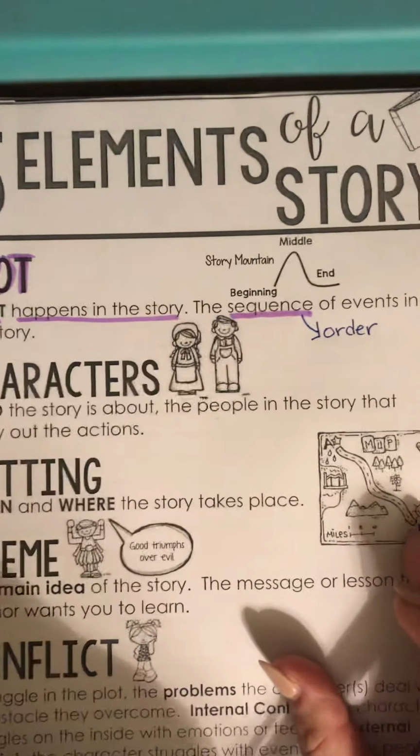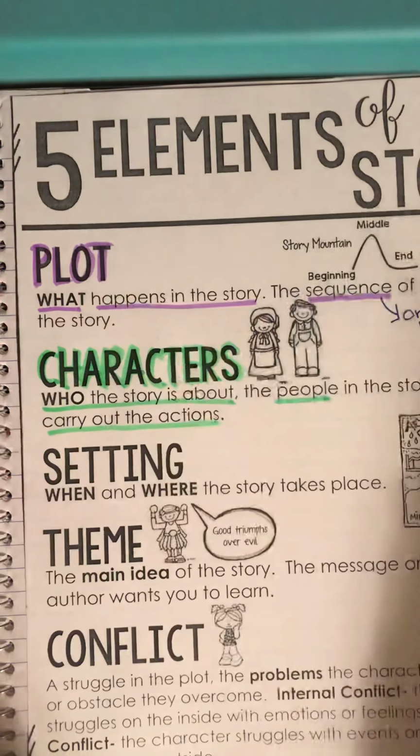Our next element of stories is characters. Now, our characters are who the story is about. The people in the story that carry out the actions. Now, we know that sometimes characters are not only people. Sometimes characters can be animals that are able to talk.